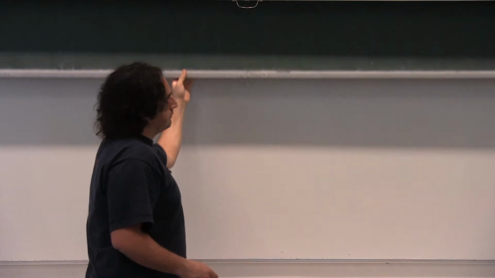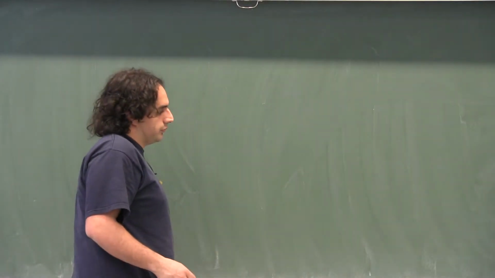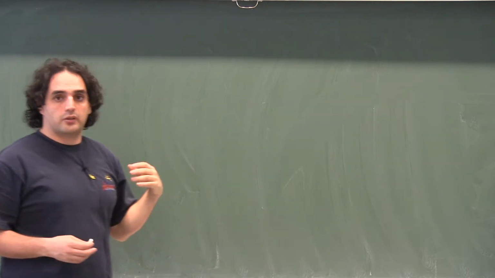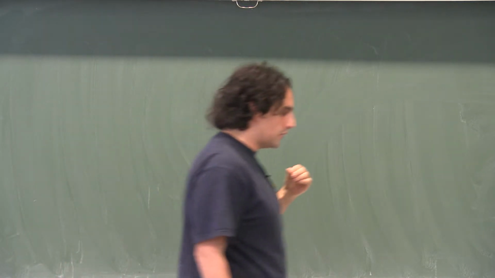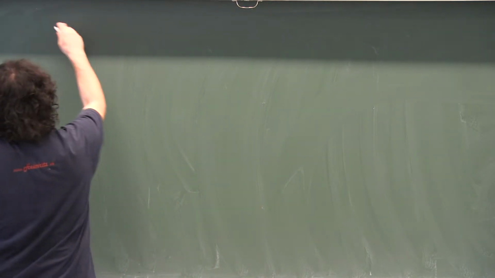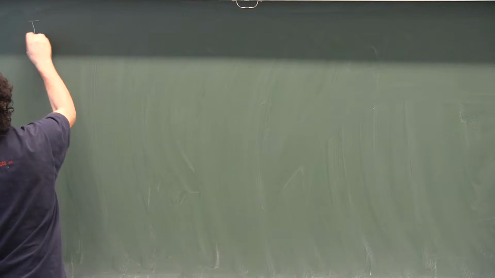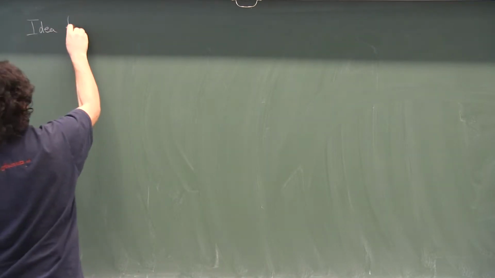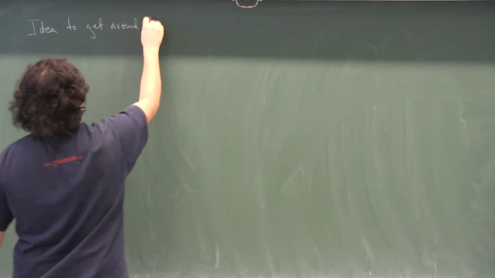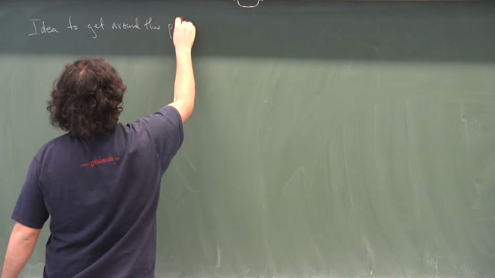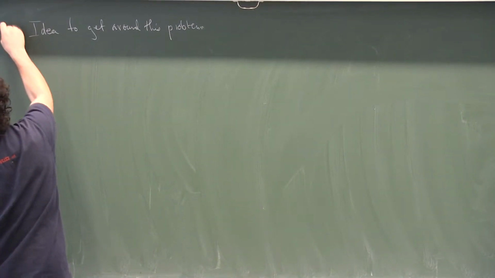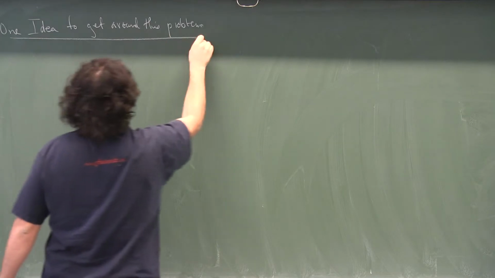Now, one way to tackle this problem is to change perspective a bit and use things that we know from linear algebra. So, one idea to get around this problem, and there are different ways.